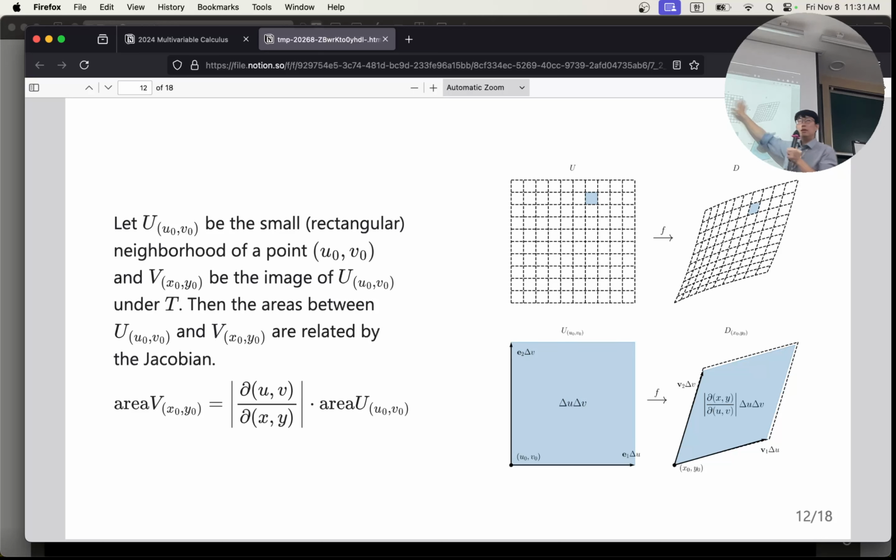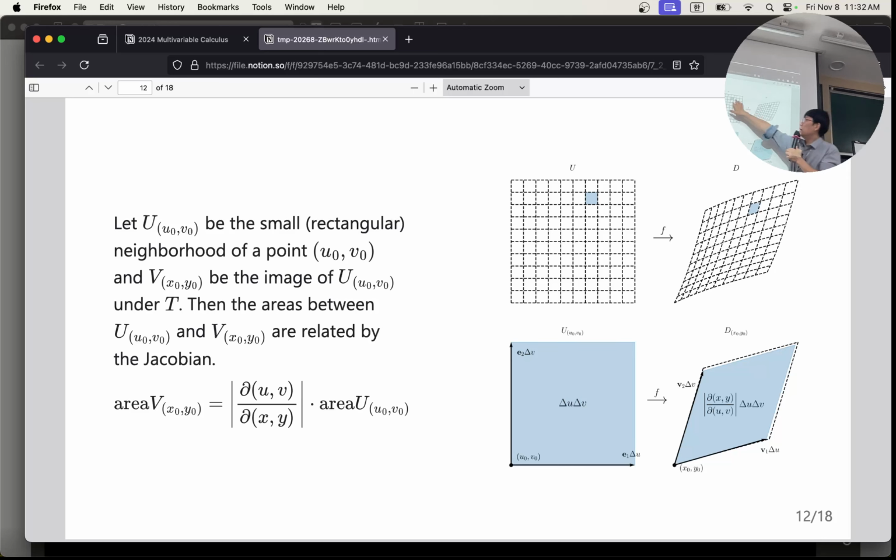Then I apply this transformation, and this is not f, this is T, a one-to-one correspondence, so that each subregion is mapped into a partition of my region R, because I can map these red lines in a one-to-one fashion. You can see that I made a color here, so each block is mapped to a smaller block in the region R. Of course, this is not a rectangular partition, but it's still a partition, separating into smaller pieces.